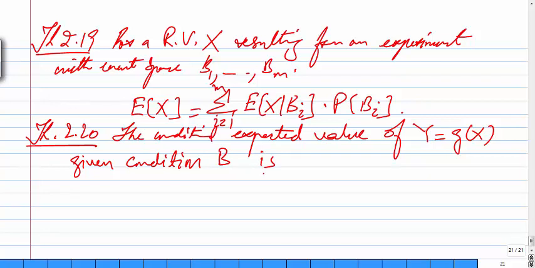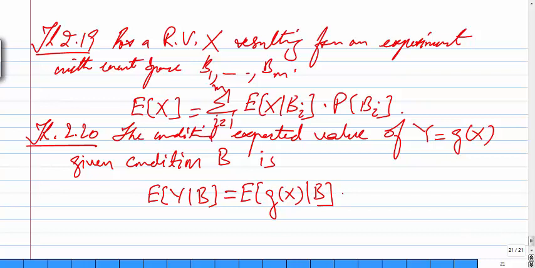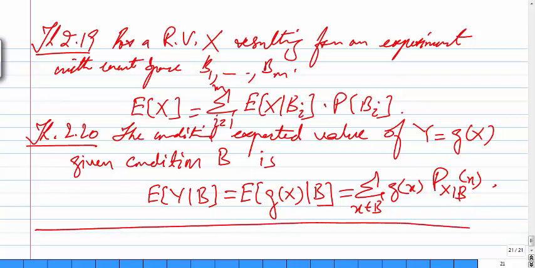Here conditional is basically with B. In that case, the expected value of Y given B is equal to the expected value of g(X) given B, which is equal to the summation over x belonging to event B of g(x) times P_{X|B}(x). So this is the way we can calculate the conditional expected value.